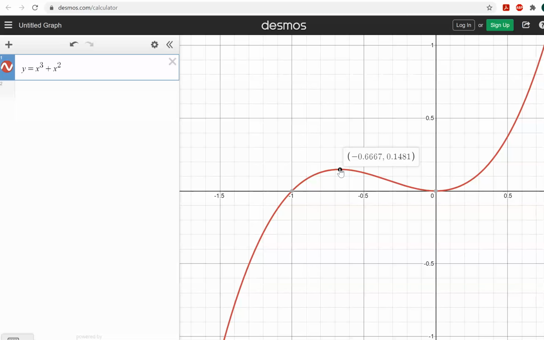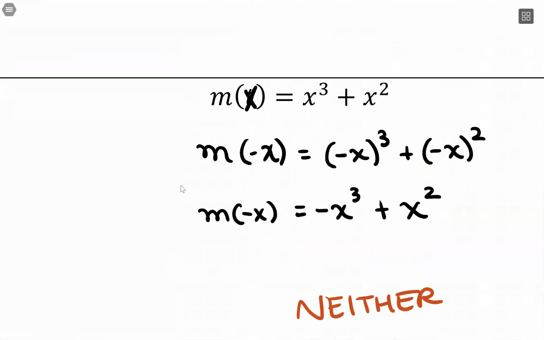So if I reflected over the y-axis, it would move over here to the right-hand side. Then I would reflect it over the x-axis, which would throw it down here to quadrant 4. So doing the two reflections, we'd end up somewhere totally different. If this was an odd function, it should do those two reflections and end up at its starting position. But that's not happening here, so that would just prove that it's neither.